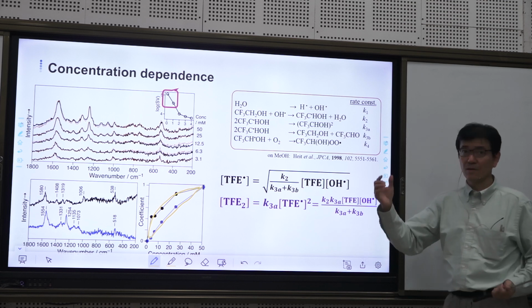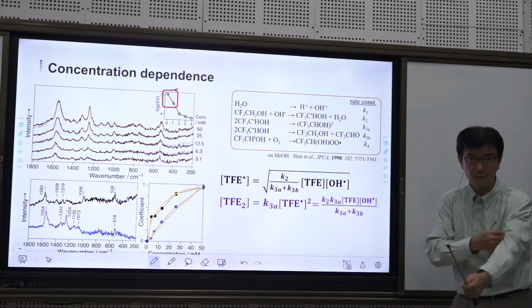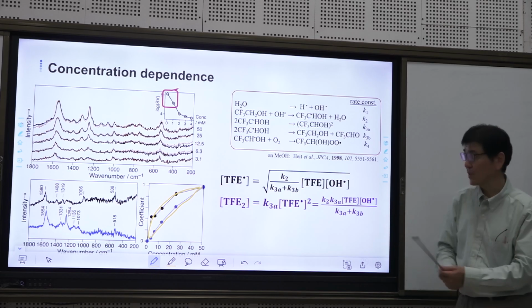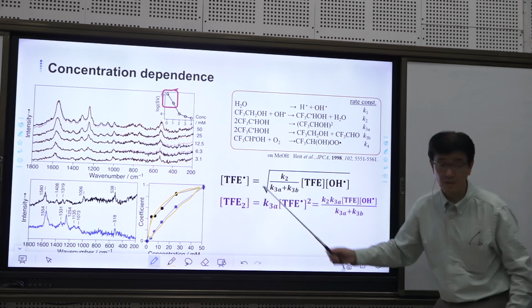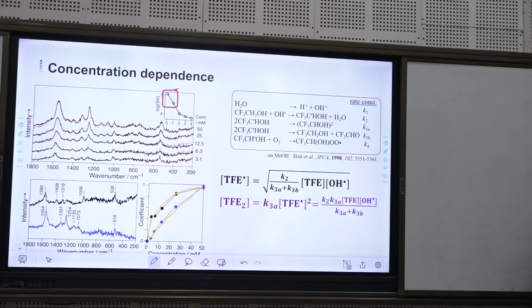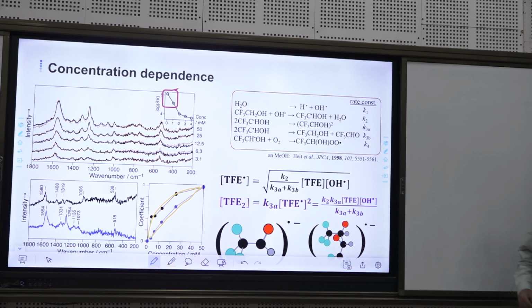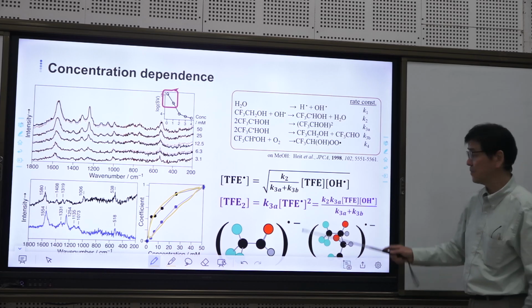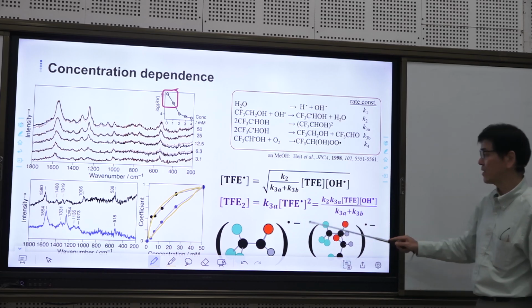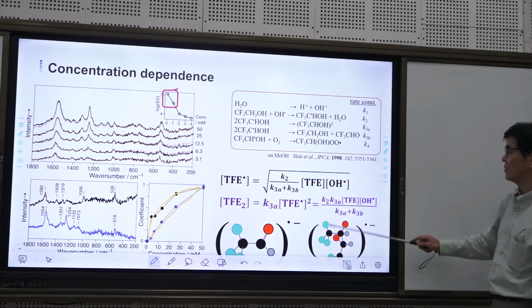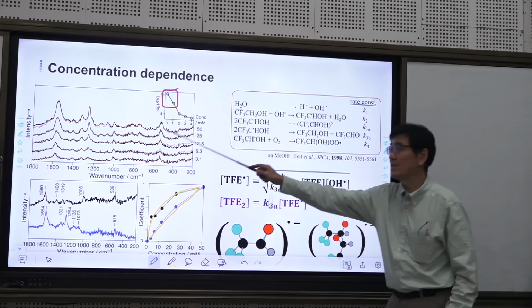So we used trifluoroethanol, but there was a dimer formation. So updating the picture, monomer radical anion and dimer radical anion should give these signals.